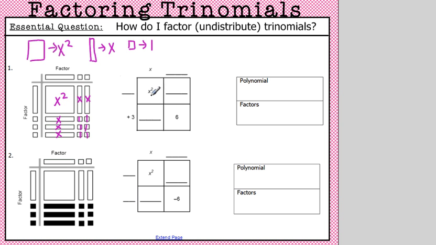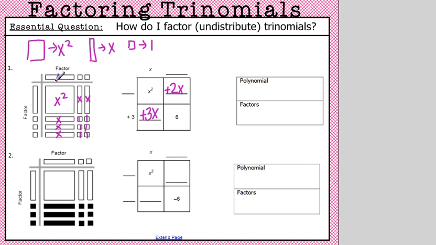They've already been nice and filled in the x squared and the 6 for me. Now I have positive 2x's and positive 3x's. Kind of what we were doing before, we can look for the GCF within each of these rows and columns, and that'll help you figure out what your factors are. The other thing you can do is look up here.